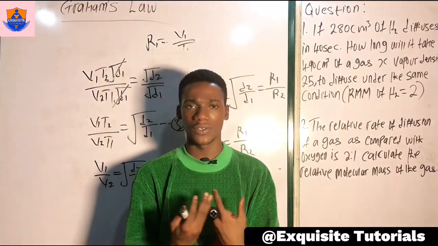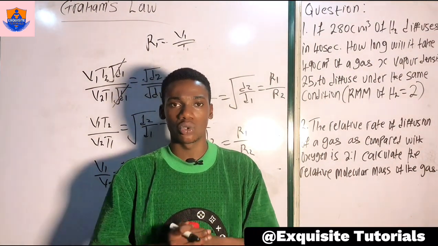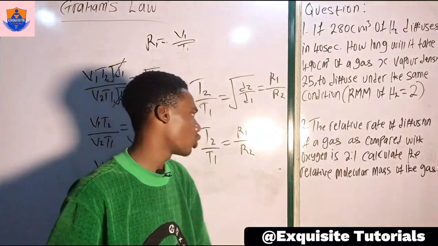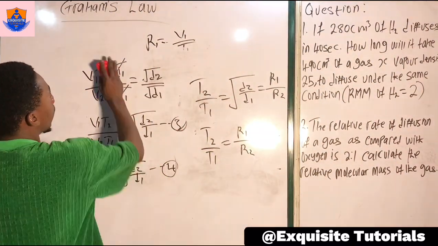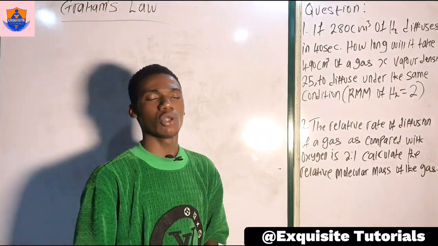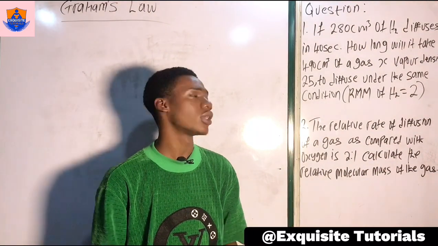So if you know all these equations, jot them down in your book. Any question under Graham's law of diffusion, you can solve any question you see in your exam hall. Now let's solve question 1. I'm going to be writing down the parameters so you know how to solve questions under Graham's law.